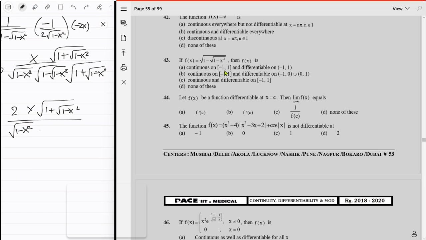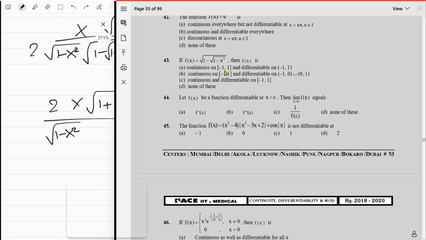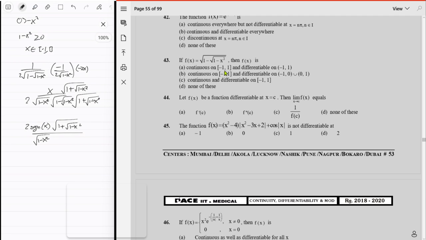That's problematic. It's mod of x. Huh. That was not expected. Which means that over here you're actually going to have 2 signum of x. Well, that was bad. So at x equal to 0, what is happening?